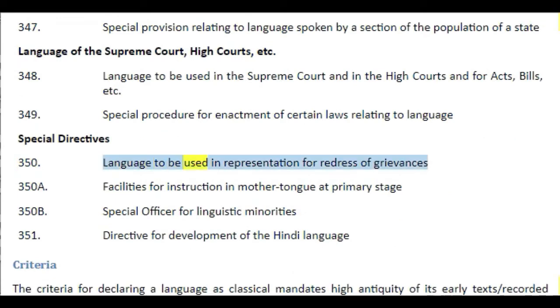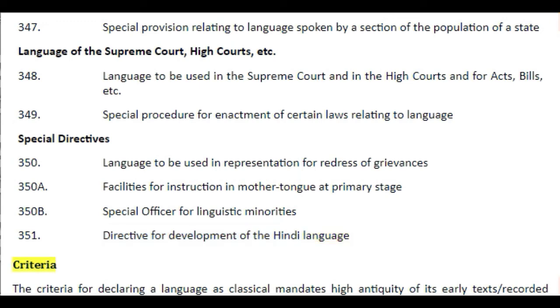Language to be used in representation for redress of grievances. 350A. Facilities for instruction in mother tongue at primary stage. 350B. Special Officer for Linguistic Minorities. 351. Directive for Development of the Hindi Language.